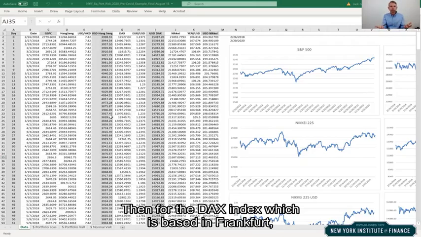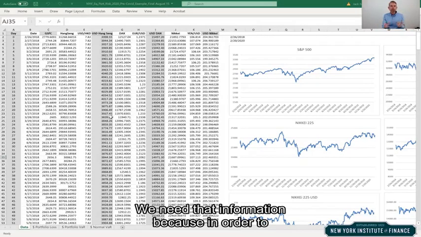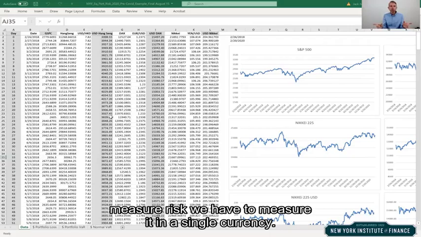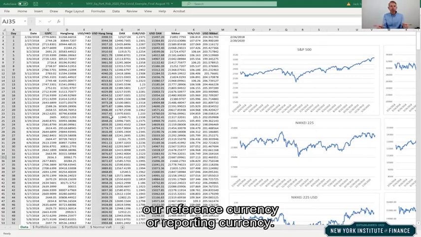And for the DAX Index, which is based in Frankfurt, we need the euro dollar rate. We need that because in order to measure risk, we have to measure it in a single currency, and in this case we're choosing the dollar as our reference or reporting currency.